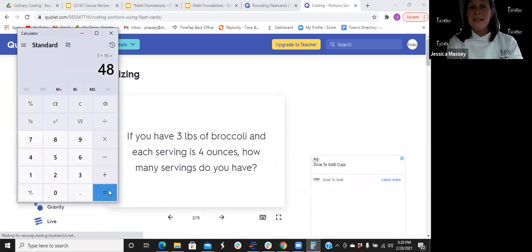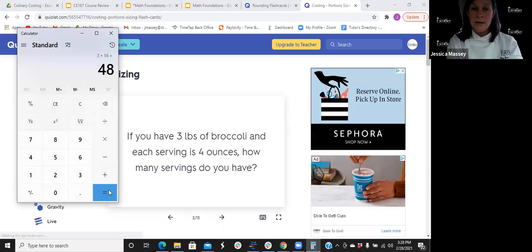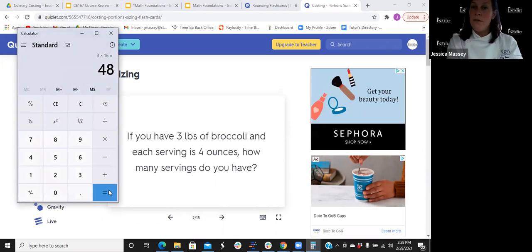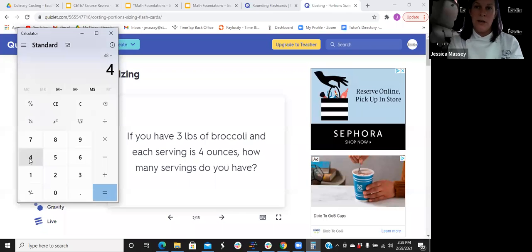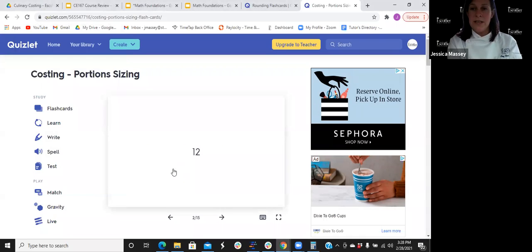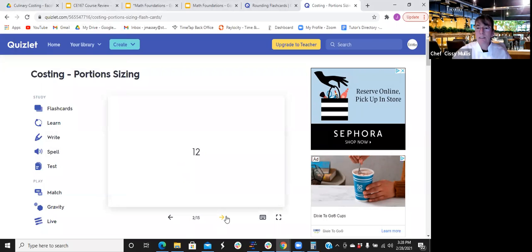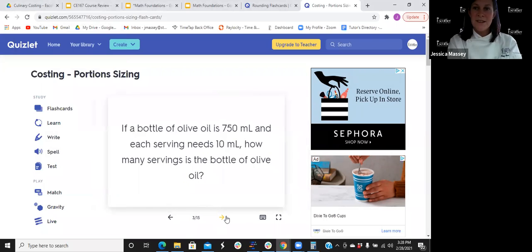That gets us 48, so we have 48 ounces of broccoli. Each serving's 4 ounces, so we divide that 48 by 4, and that gets us 12. So the answer here is 12. Is that what you guys all got? I see some head nods. Awesome. There, Chef Jessica. Good stuff.